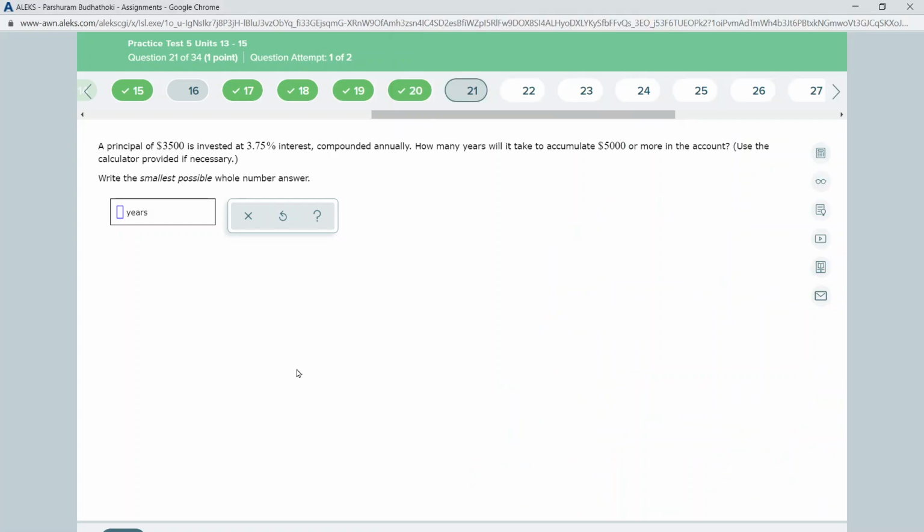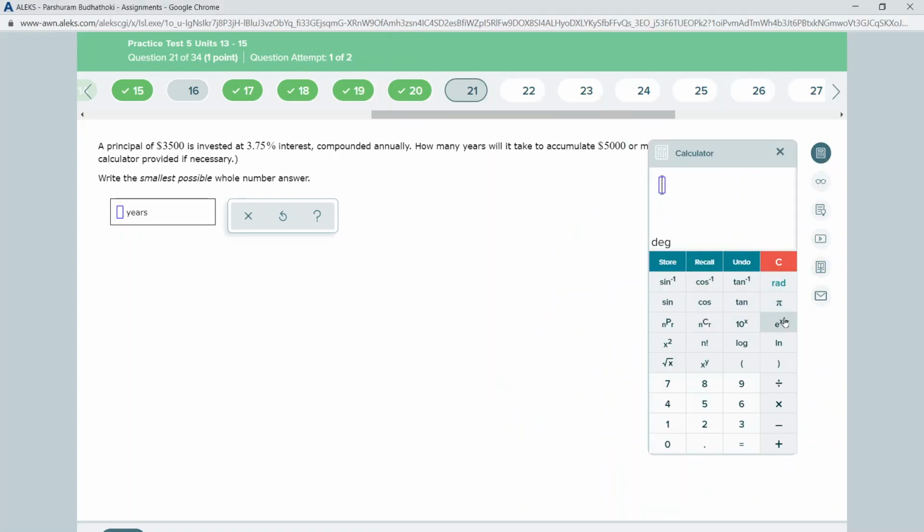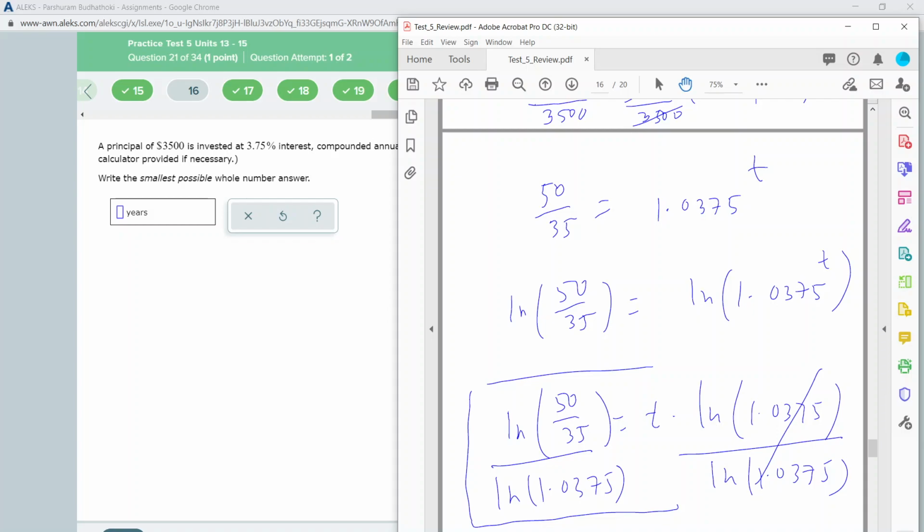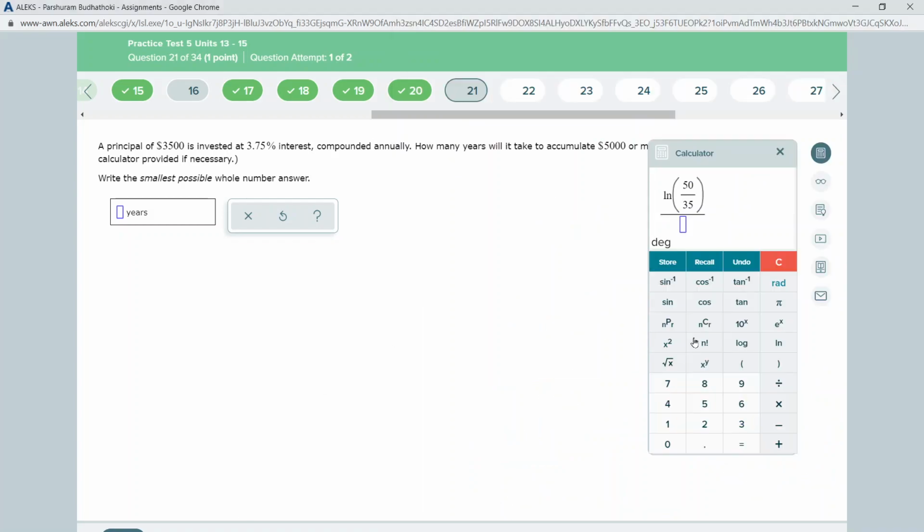ln 50 over 35, bracket close, divide this by ln 1.0375, bracket close, equal, and that is 9.688.